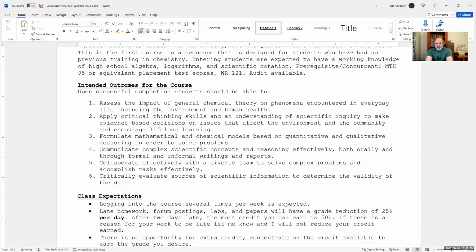The fourth intended outcome is to communicate complex scientific concepts. If you can't tell people what you did, then what you did doesn't really matter. An easy example for that is calculus has been invented at least 5 times independently. Why the heck would we have to invent calculus 5 different times?